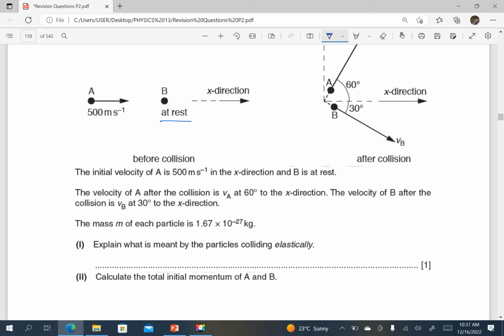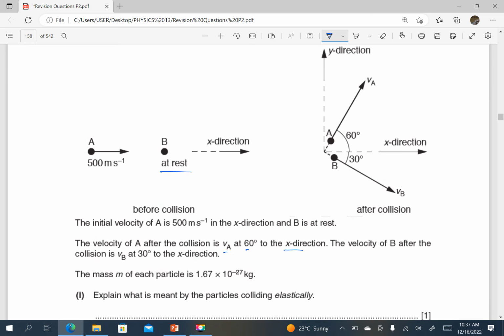The velocity of A after the collision is VA at 60 degrees to the x direction, as we have seen there. The velocity of B after the collision is VB at 30 to the x direction. The mass m of each particle is 1.67 times 10 power negative 27 kilograms.